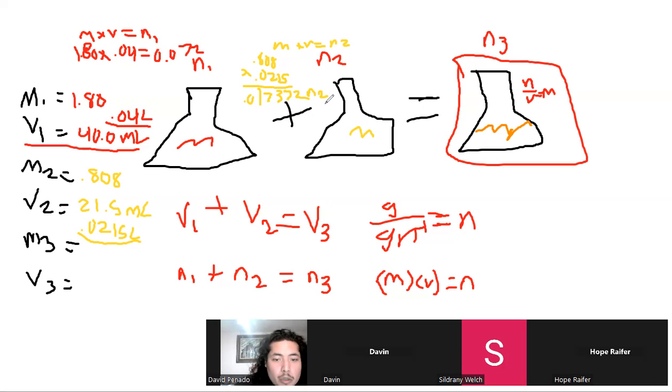So now I have my N1, now I have my N2, and I just add them together. Then your N3 would be divided by V3.